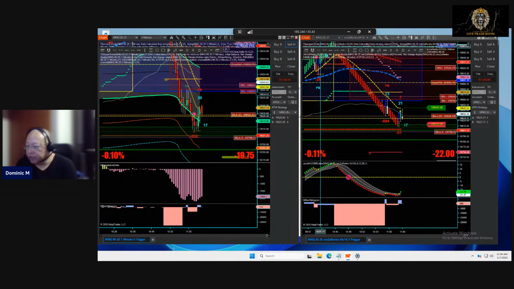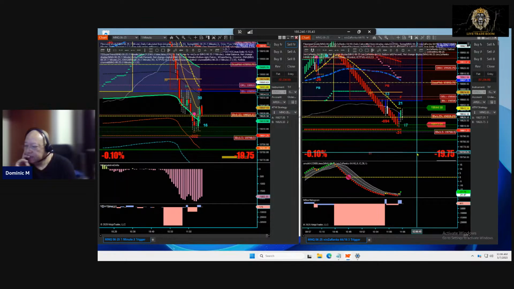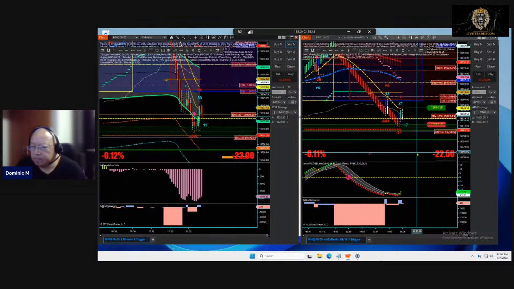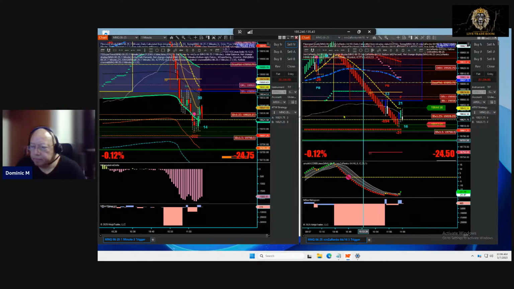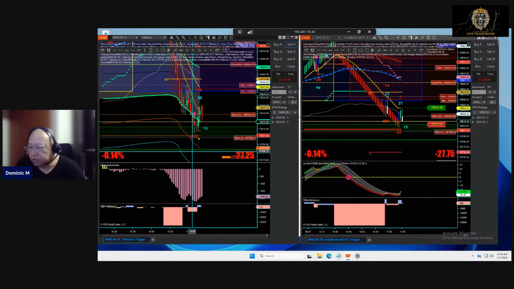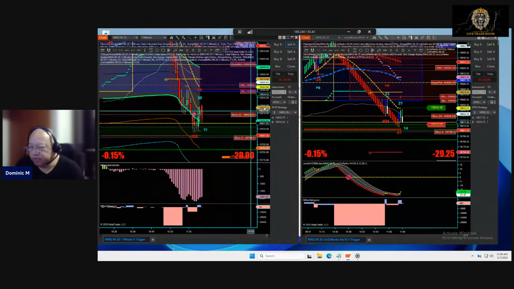See, if you're looking at the Renkos right now, see where this closes. It closed below the minus two deviation, taking it.